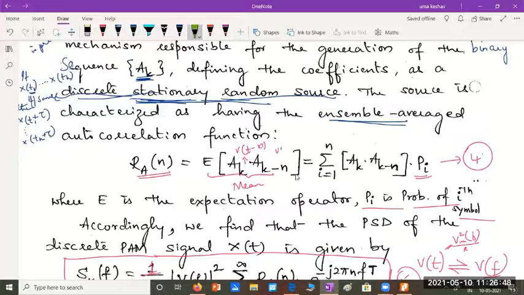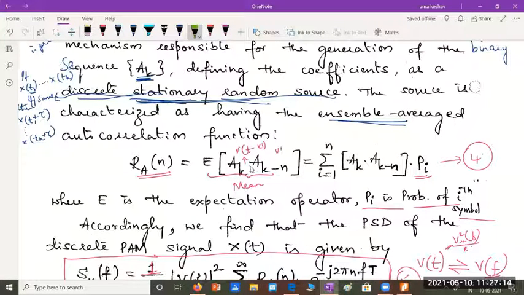So the autocorrelation function for a line code will be defined as the expected value of a_k times a_(k-n). a_k represents the amplitude for the bit k and a_(k-n) represents the amplitude for the bit k minus n. And how do I find the expected value? We know expected value is nothing but the mean. How do I find the mean? It is the summation taken. Remember, whenever we have discrete values, we use summation.